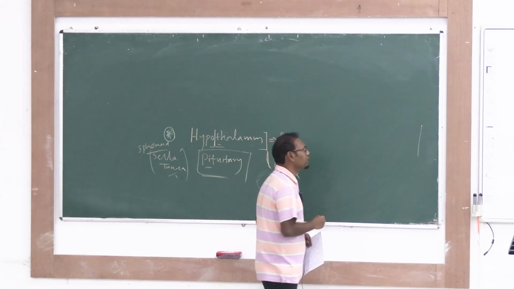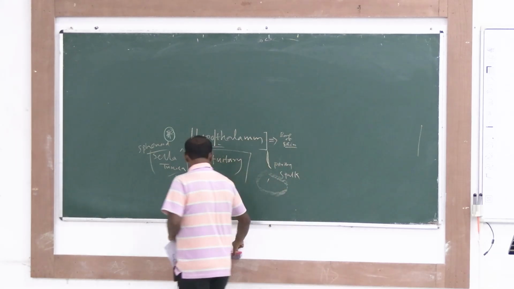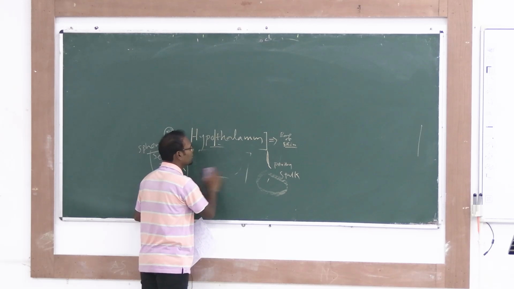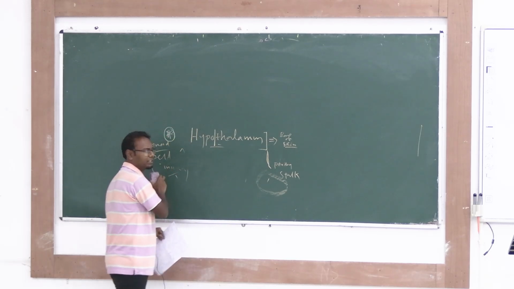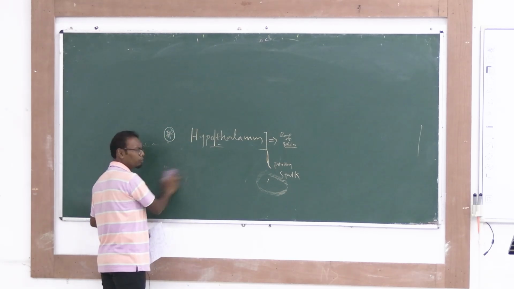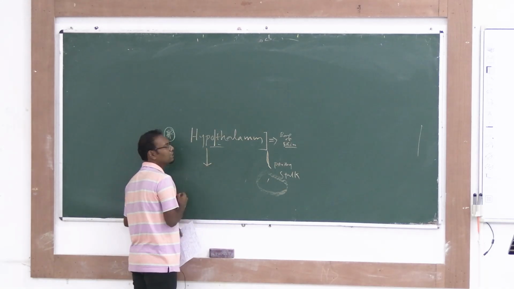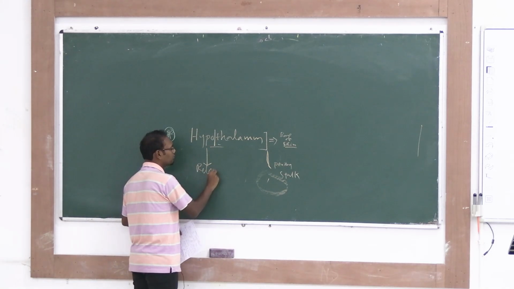So what is the basic pathway of these things? First is hypothalamus. Hypothalamus mainly releases the releasing factors. It directly releases some hormones, but its main function is releasing the releasing factors.